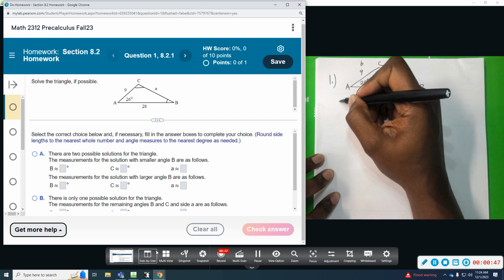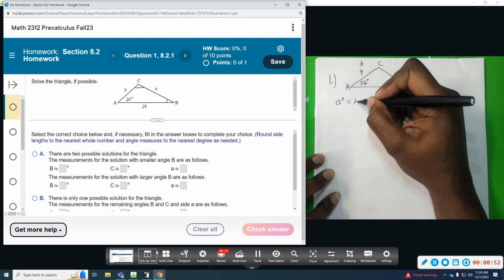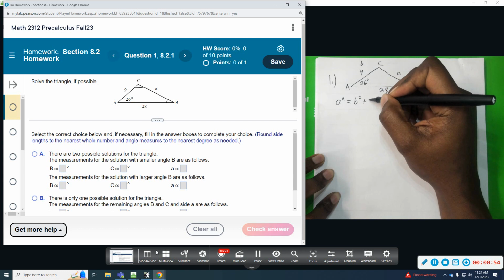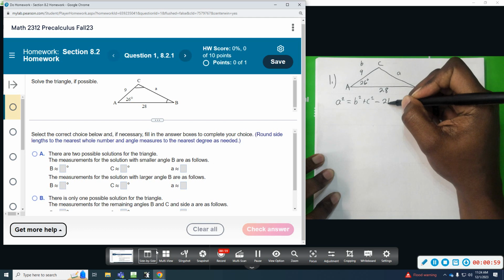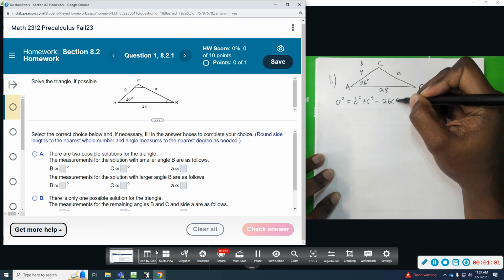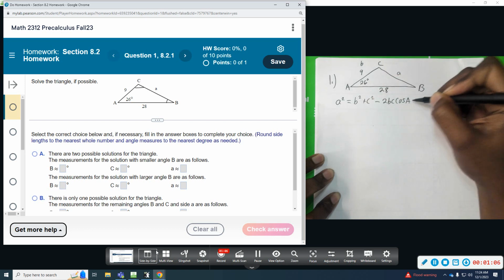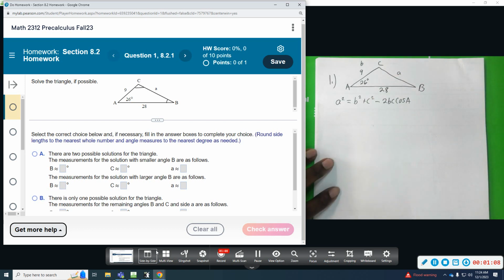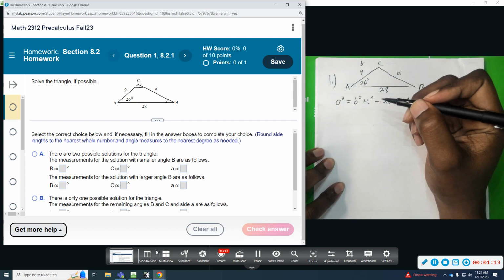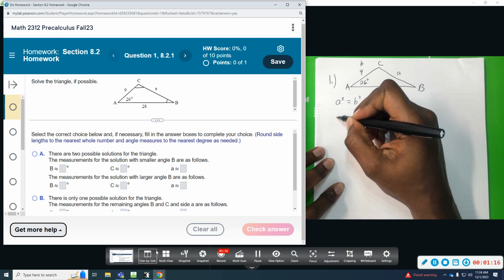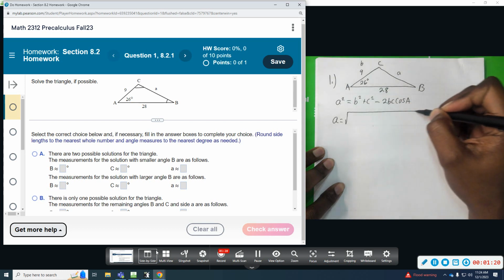So I'm going to write that formula down. A squared is equal to B squared plus C squared minus 2BC cosine of angle A, which is given. And at the end of the day, when I want to figure out side A, I'm going to have to take the square root of this. So I'm going to go ahead and write A equals, and I'm going to do square root. I'm going to punch all this in.